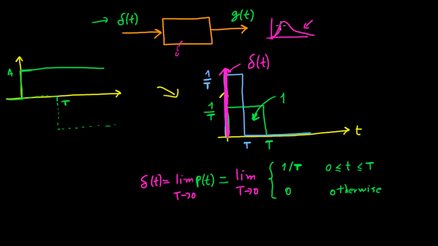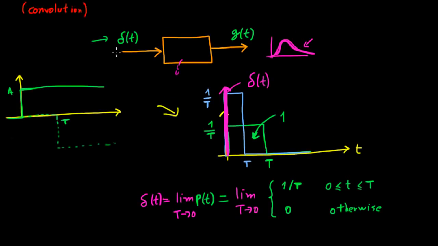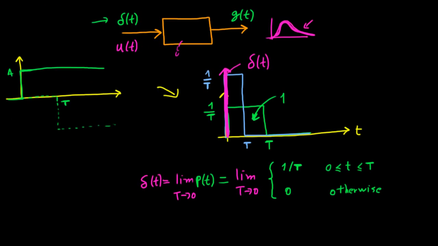Again, this function here is all we need to know the response of the system, not only to delta of t, but to any other u of t we can think of, as long, again, as all initial conditions are 0 also in those cases. But how is that? How is that true?